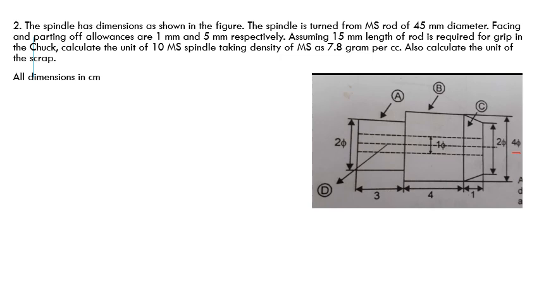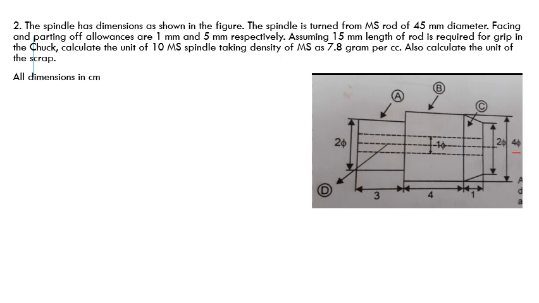So let us start with the calculation. The basic calculation remains the same. First I have to calculate the volume of the part. How can we take this ahead? Volume of the part can be calculated. Volume of the raw material can be calculated.